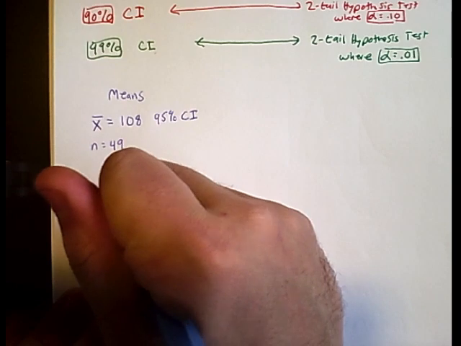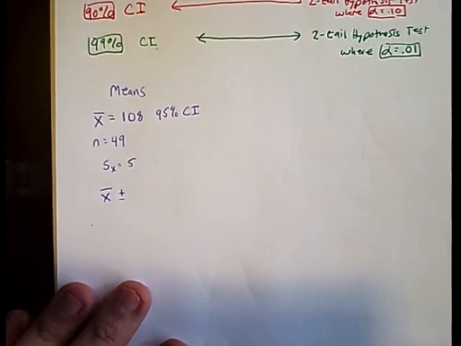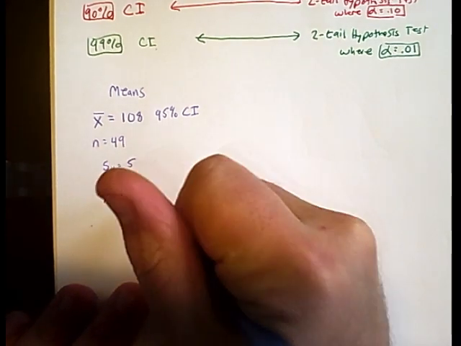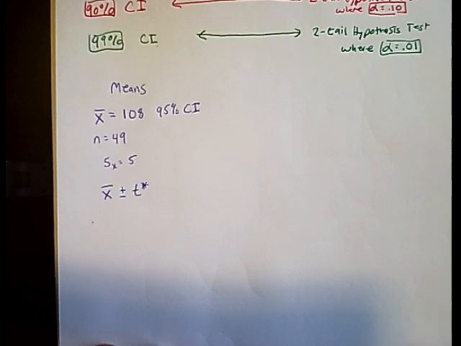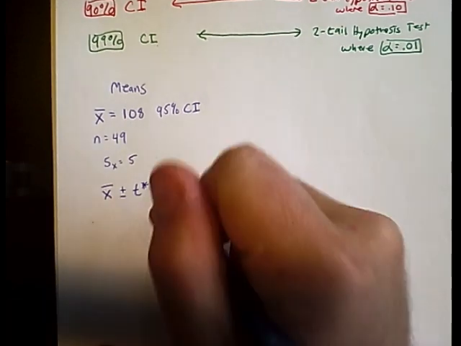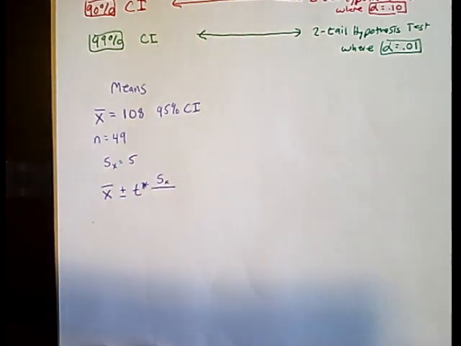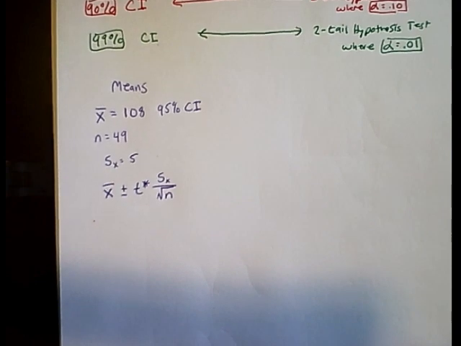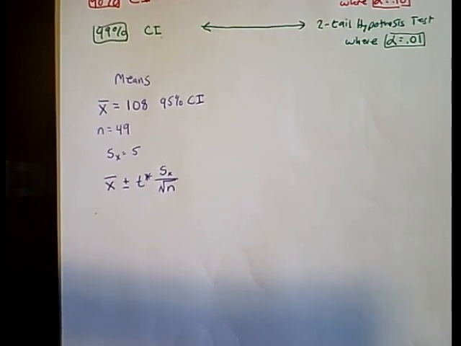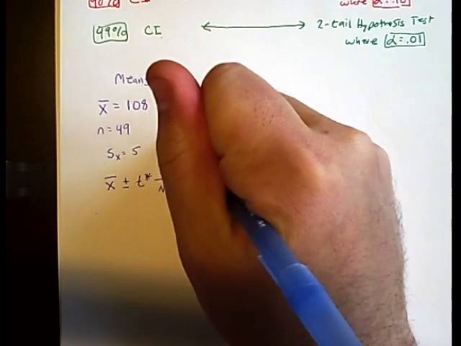If I take a confidence interval, x bar plus or minus, since we don't know sigma, we would be using a t star times the standard error, the standard deviation of our sample, s of x, divided by the square root of n. Since n equals 49, the degrees of freedom would be 1 less than that, which is 48.